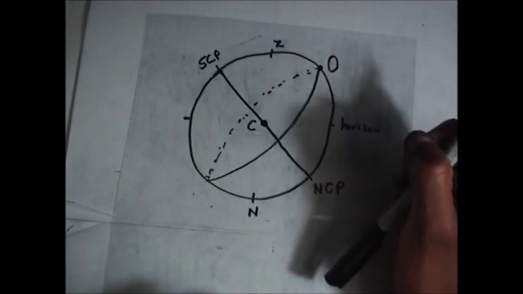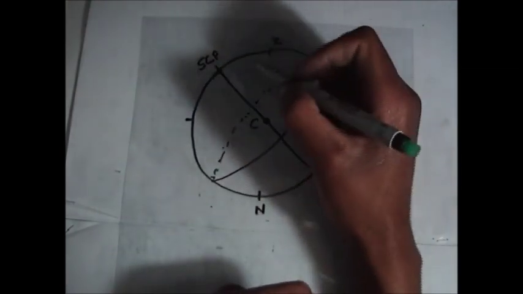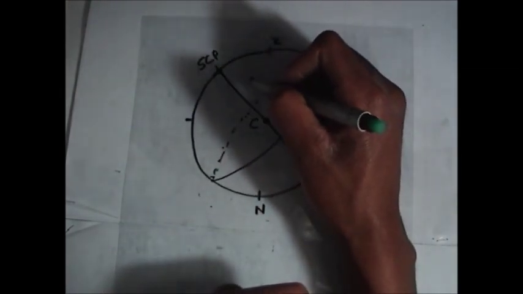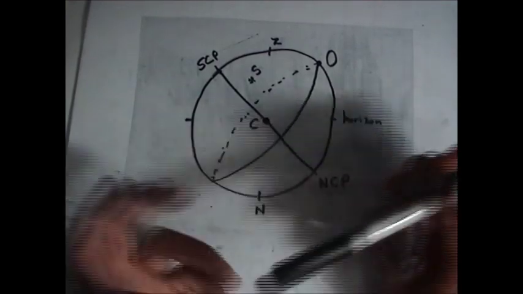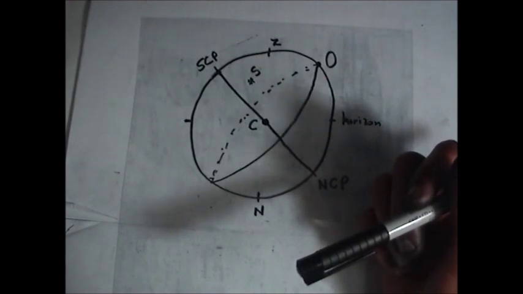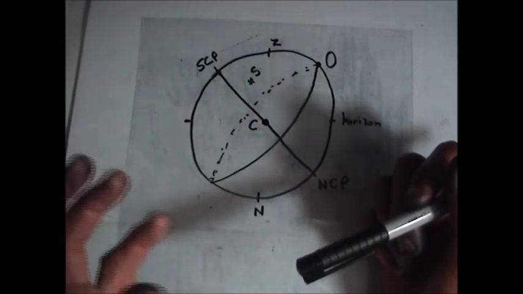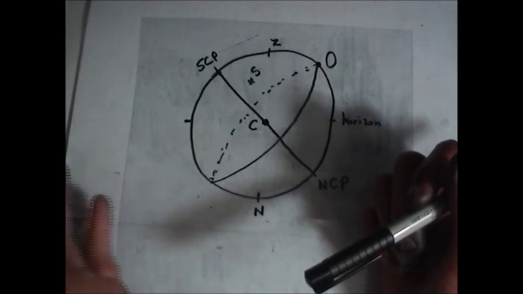So since that is going to be our origin, let's now put angles. Let's imagine a star that is here. We are going to call this star S, and we want to pinpoint that star. Just like in the other systems that we've done before, in this system we use things called hour circles. In the other systems we used the vertical circles and the lines of longitude.